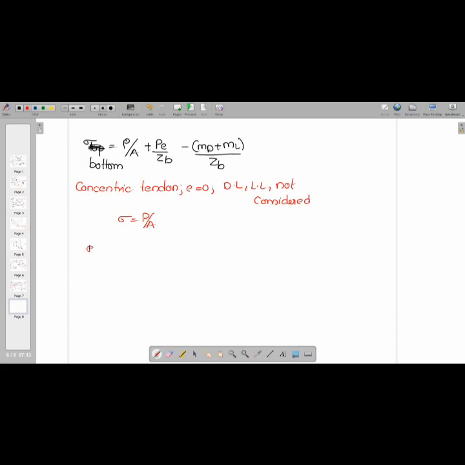Next case, eccentricity considered, but moment due to dead load and live load not considered. So here stress will be P by A plus PE by Z. What is P? Load. And what is E, sir? E is nothing but the eccentricity. Clear, my dear students?